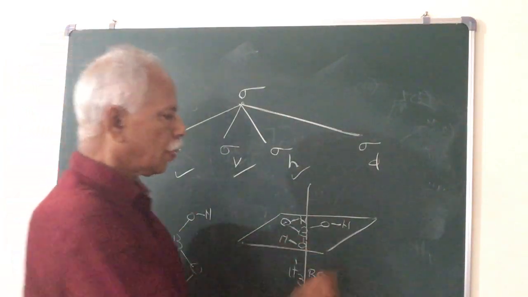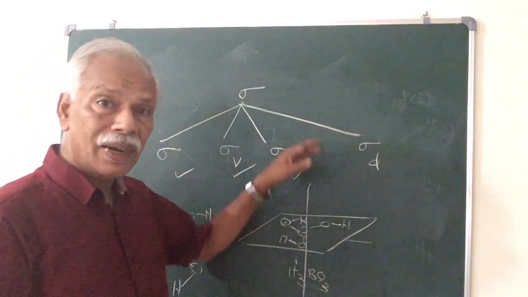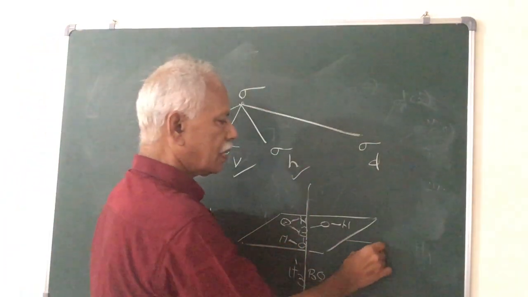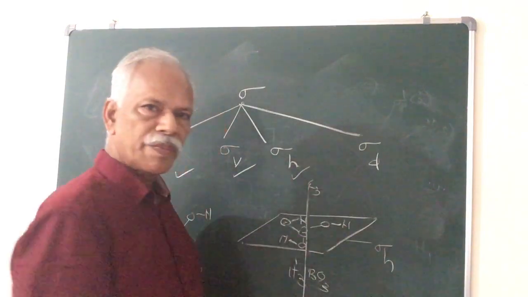Because it is a planar molecule, its plane is at 90 degrees to the C3 axis. This is sigma H and this is C3.